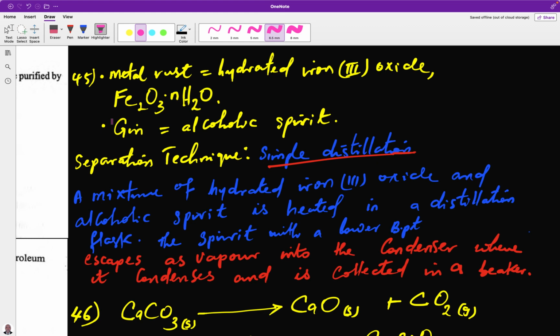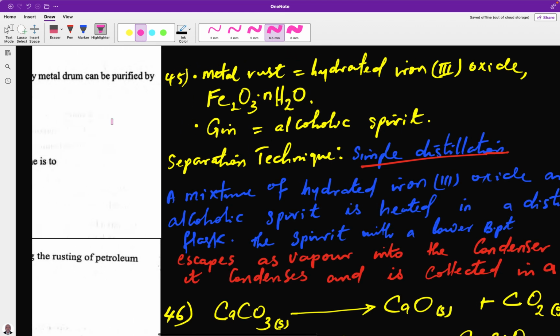When it boils, remember that the spirit has a lower boiling point. The spirit will evaporate as vapor and get into what we call a condenser. The condenser will make it condense, and it is collected as liquid spirit.